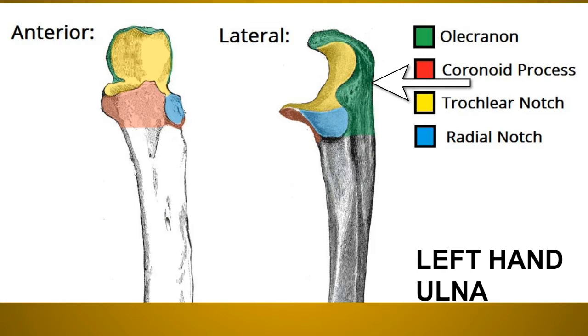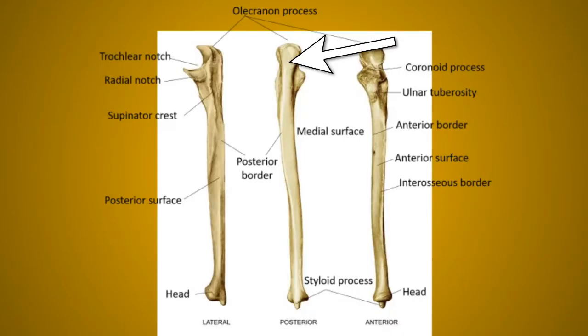This posterior surface inferiorly is continuous with the posterior border of the shaft of the ulna, while the upper part of the posterior surface forms the point of the elbow.